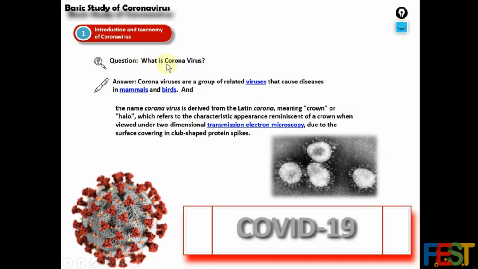So what is coronavirus? Coronavirus is a group of related viruses that cause disease in mammals and birds.